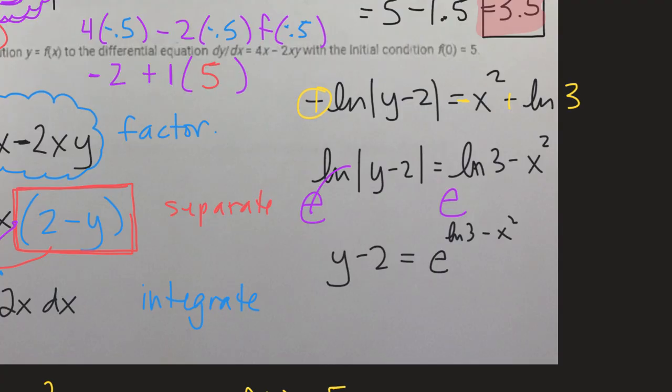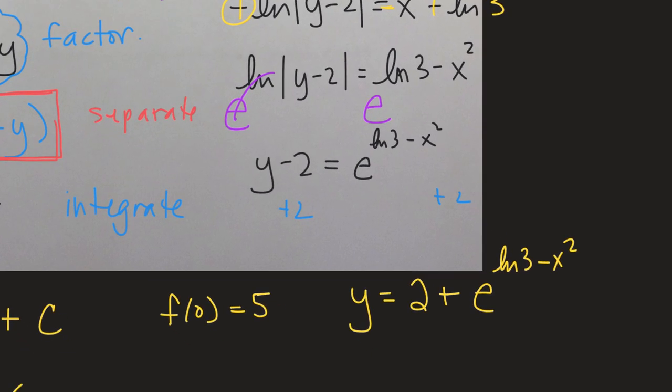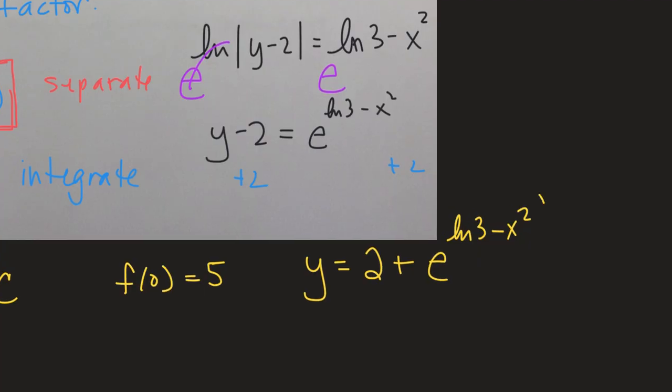Okay, next we're going to add 2 to get y by itself. Notice it doesn't actually add to anything. So we can put a 2 plus e to the natural log of 3 minus x squared. Okay, which is probably not how you're going to see this written. So let's simplify that.